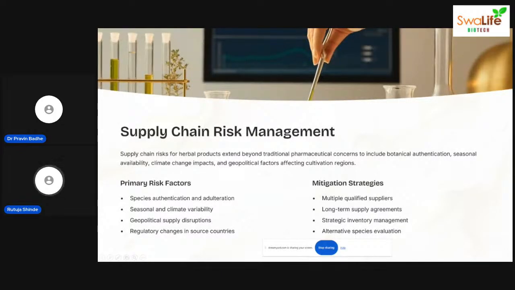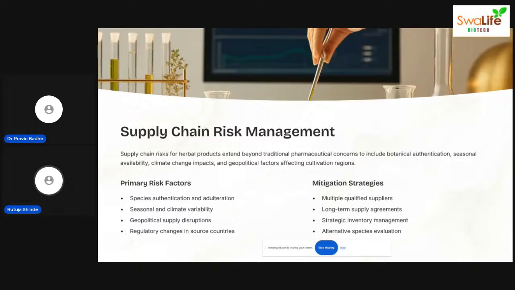Next is supply chain risk management. So, the supply chain for herbal products is particularly vulnerable. Risks include species misidentification, adulteration, seasonal or climate variability, and even geopolitical disruptions in cultivation regions.